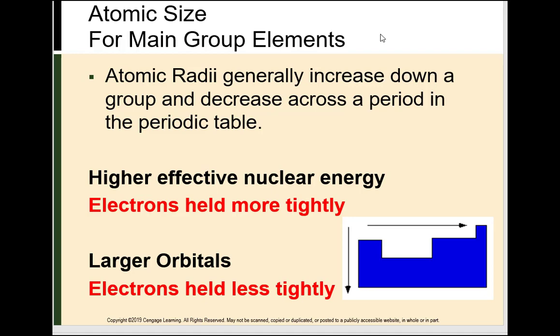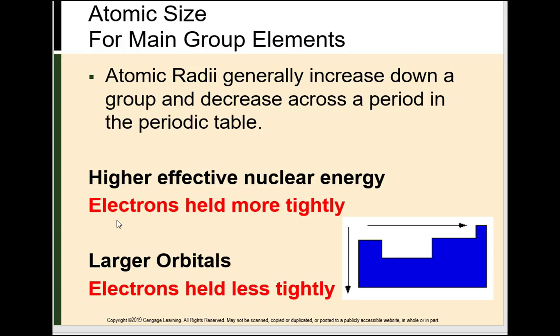Size can determine the number of atoms that can surround it and be bound to that central atom, and it can determine what shape the molecule is. So the size normally increases going down a group, and it decreases across the period.